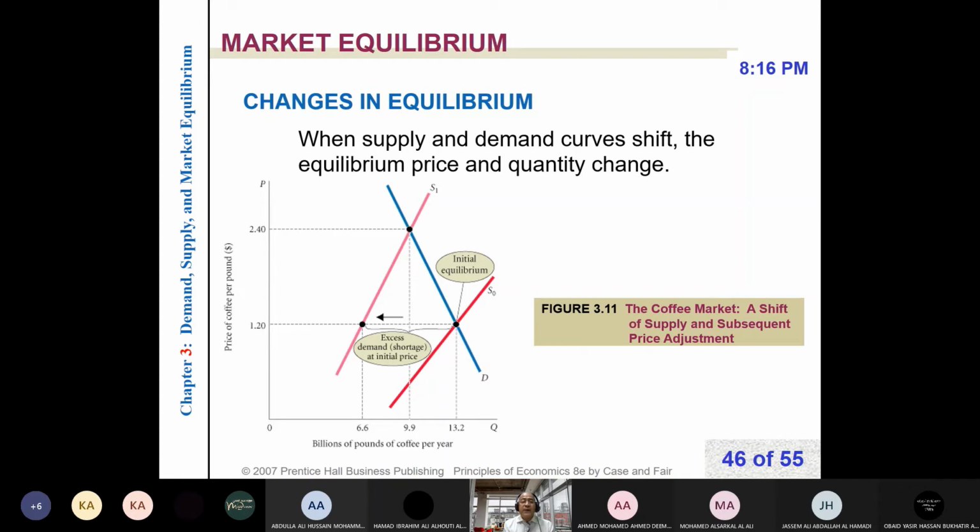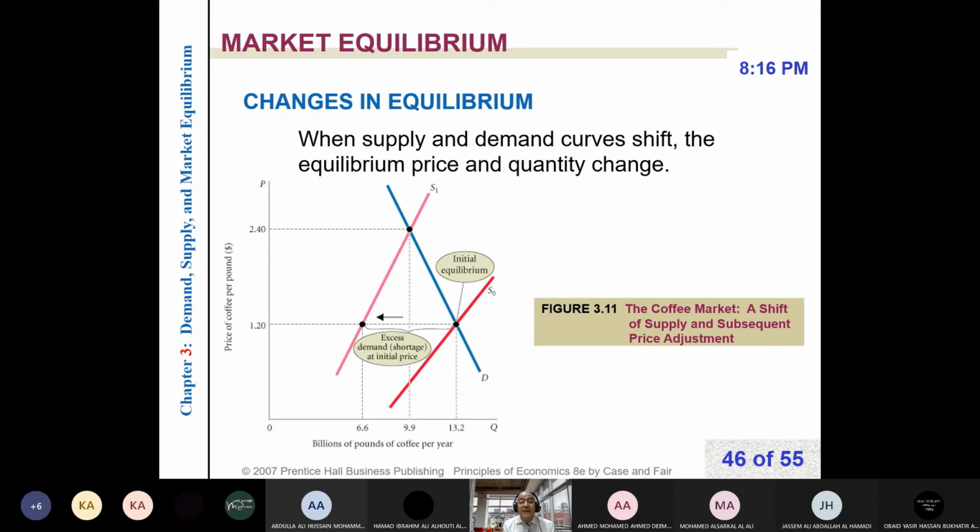Let's say the rent of land increased because of huge demand in real property markets. So what will be the effect on tomatoes if the rent increases? Production cost will increase. Supply will decrease.